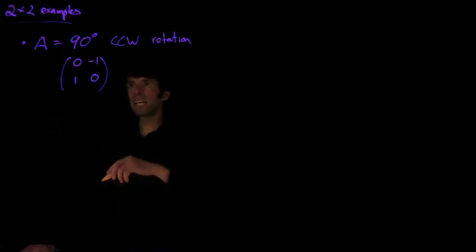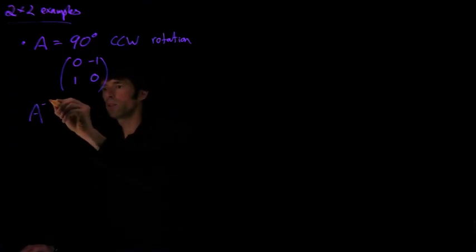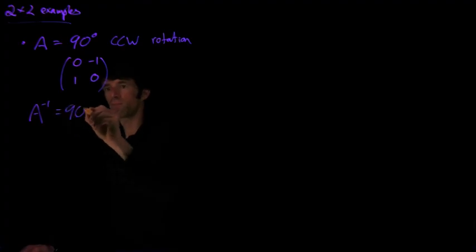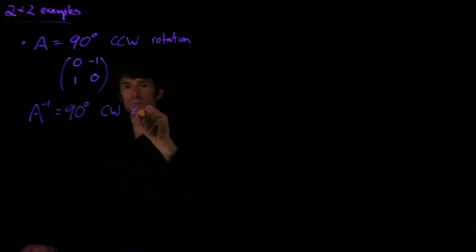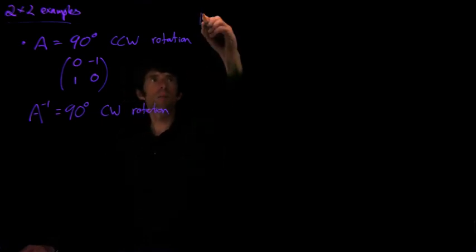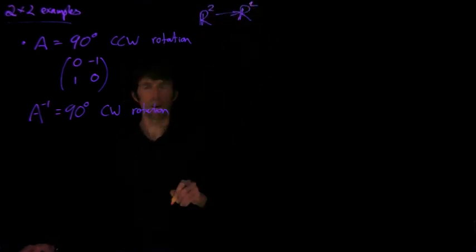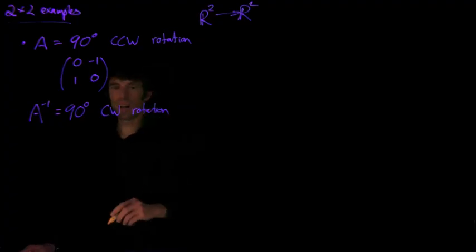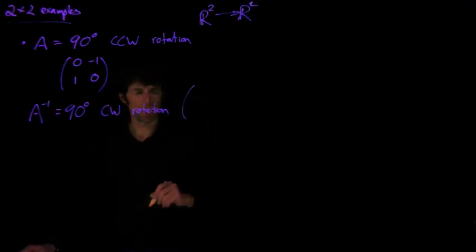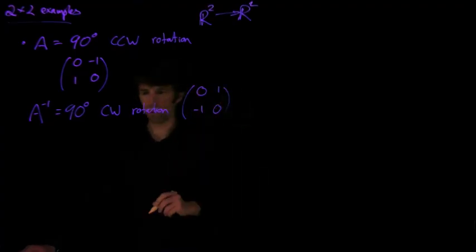Now, the inverse to this is a clockwise rotation. So we're talking about transformations from R2 to R2 here. So a clockwise rotation is going to correspond to the matrix 0, minus 1, 1, 0.